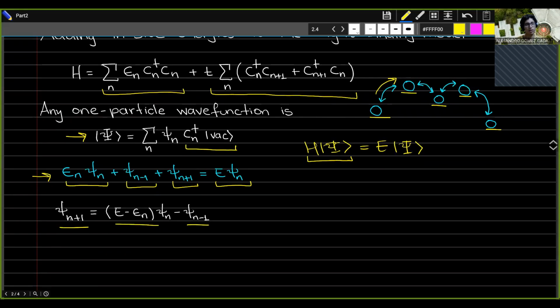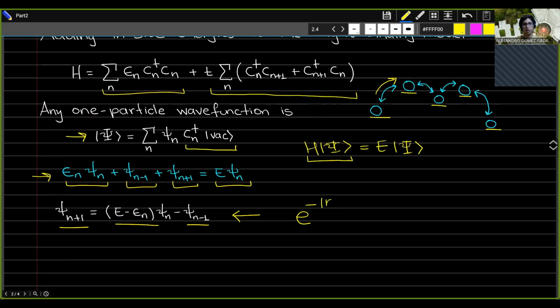To find the n+1 coefficient, we need the two previous coefficients, and we can use some theorem, which I'm going to drop in the description as well, but it's a bit complicated. But the thing is that it can be shown that this relation leads to an exponential decay.